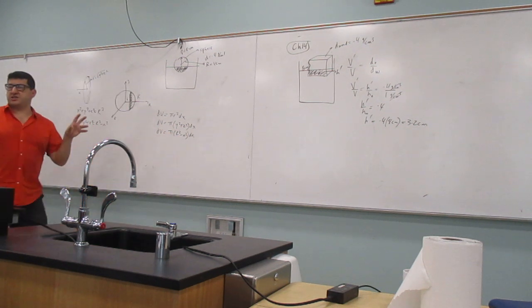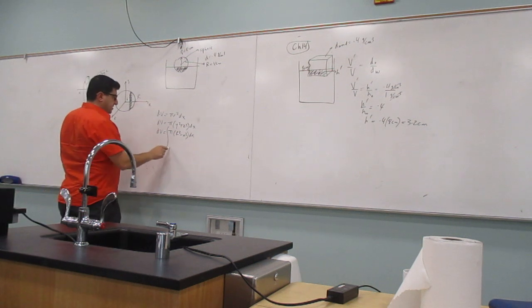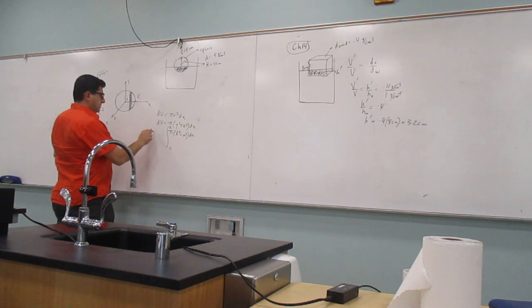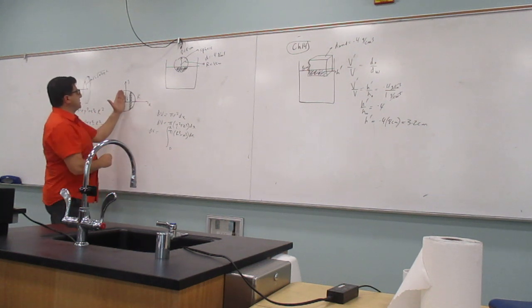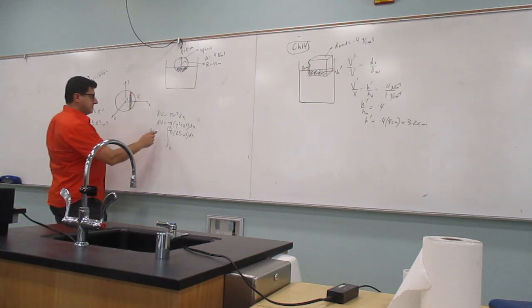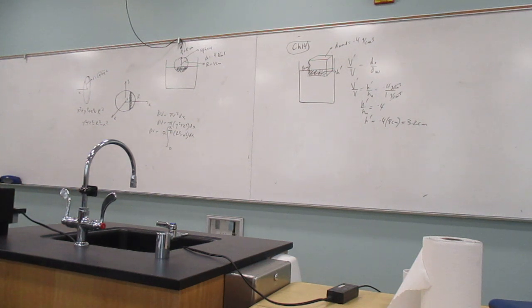Now if we want to check to see if our procedure is correct, we can integrate this from 0 to r. If I integrate all these slices from 0 to r and I double it, then that should give me the equation for the volume of a sphere, which is 4/3 pi r cubed.